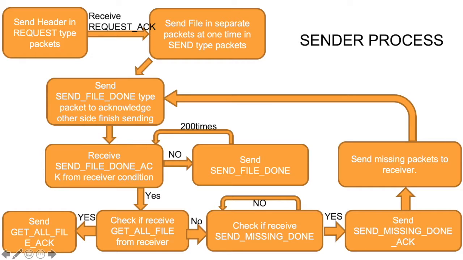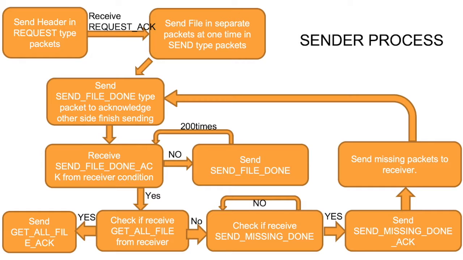If the receiver has received all the packets they need, they will send a get all file signal to the sender. If the sender receives that signal, that means they have finished. So the sender will send back the get all file acknowledge to the receiver, and that's it.